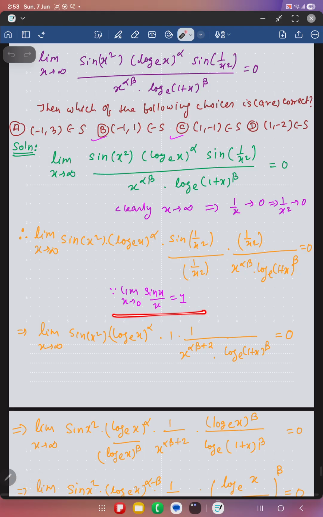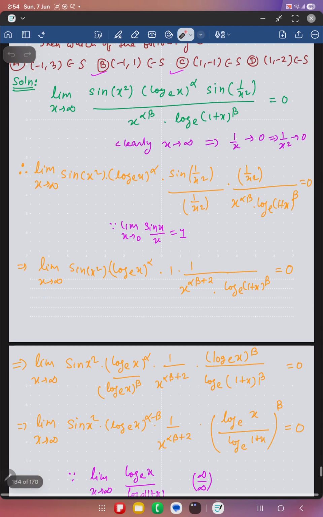This you know, so now your expression will be like this: limit x tends to infinity sin x square into log e x power alpha into 1 upon x power alpha beta plus 2, because this x square and this x power alpha beta will be multiplied together, so powers will be added, and denominator log e 1 plus x power beta equal to 0.